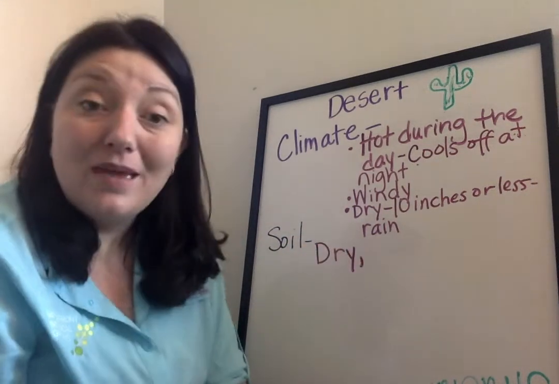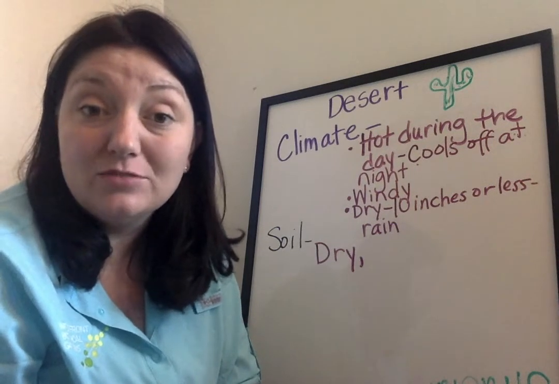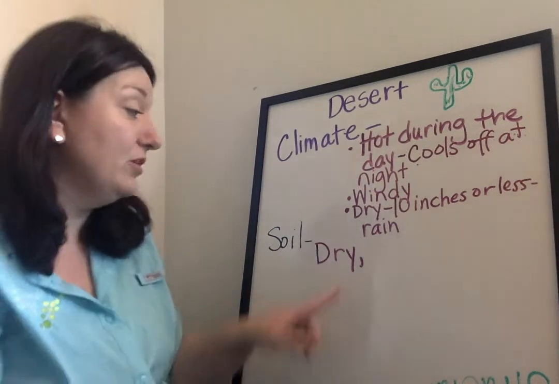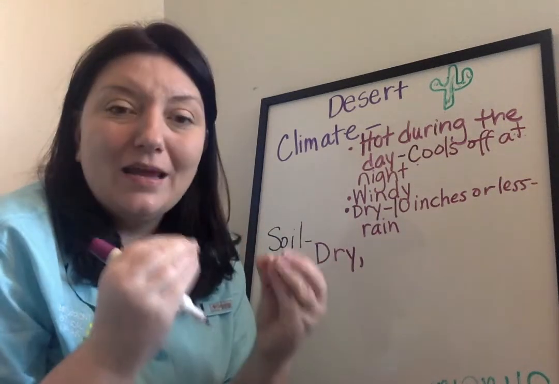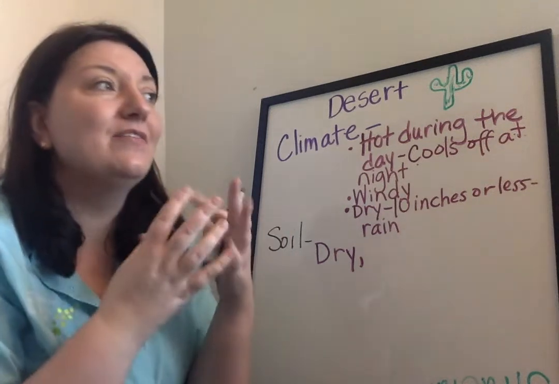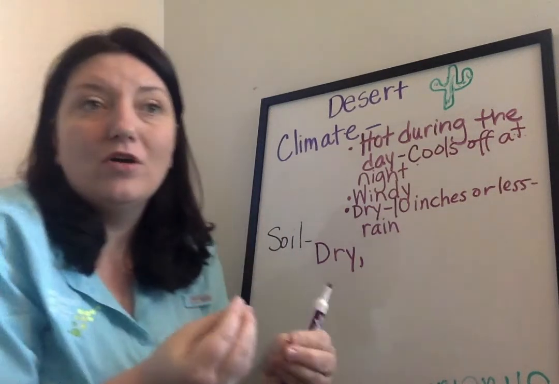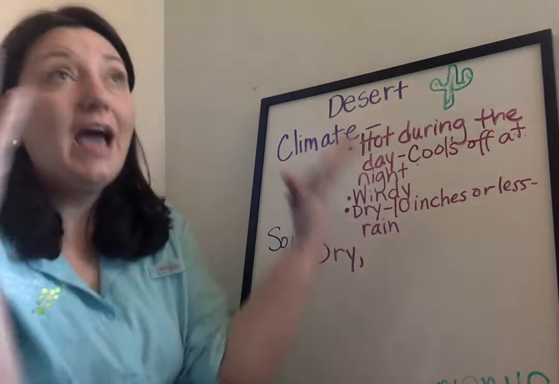So we know that's going to make it pretty hard for plants to grow. They're going to come upon some challenges because that soil is going to be really, really dry. And then there's not a lot of living organic matter in that soil. So there's not a lot of things that have died and become part of the soil like there is here in Kentucky. Like for instance, in my yard, I have big oak trees.